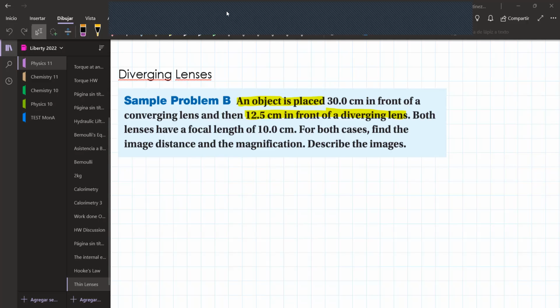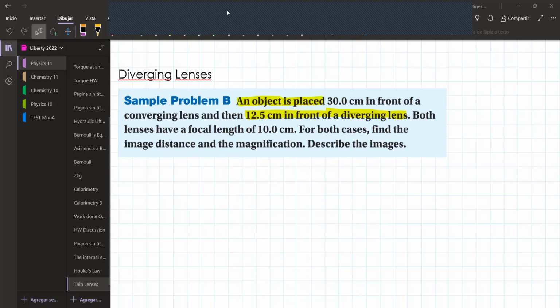I don't know if you heard what I said, but I was saying that yes, it's the same exercise. And the thing is that I was not going to explain the same exercise, but I'm going to take advantage that you're going to have an extra class this week so I can balance both sections, okay? And yes, it's an object that is placed 12.5 centimeters in front of a diverging lens.